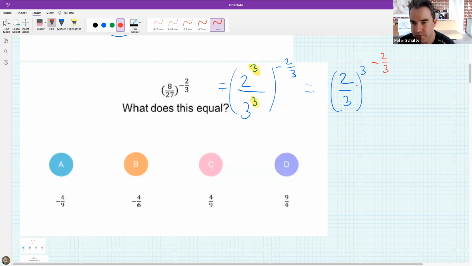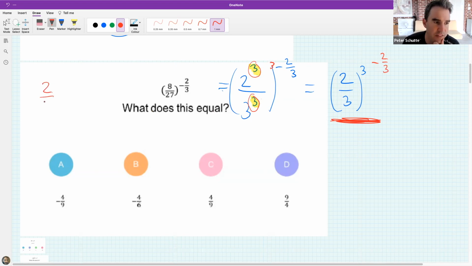Give me a thumbs up if you understand how I did this part over here. It's like the 3 has been moved outside, and then these 2 need to be multiplied. Give me a thumbs up if you get that. It's a bit tricky. If I move this outside, I'm moving it up to here. That is allowed because of law number 3 as well.